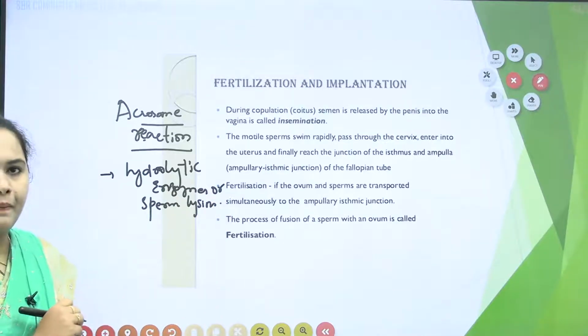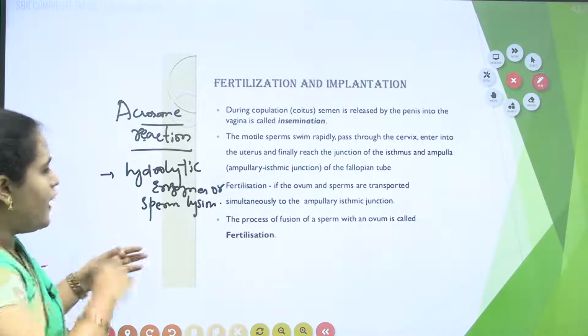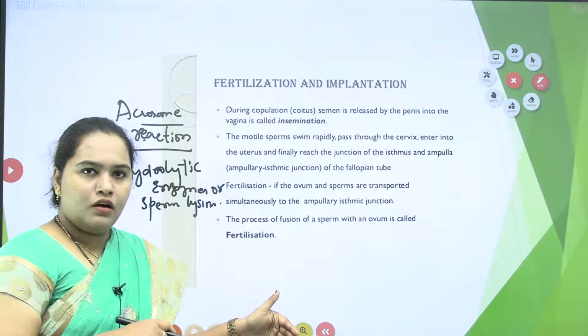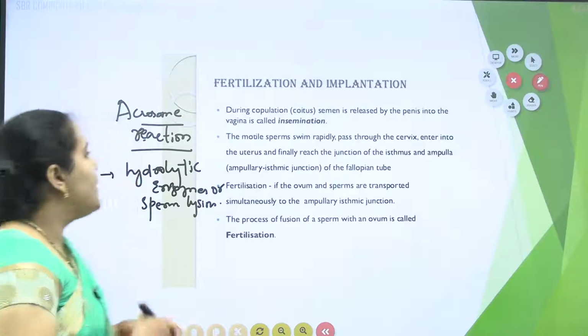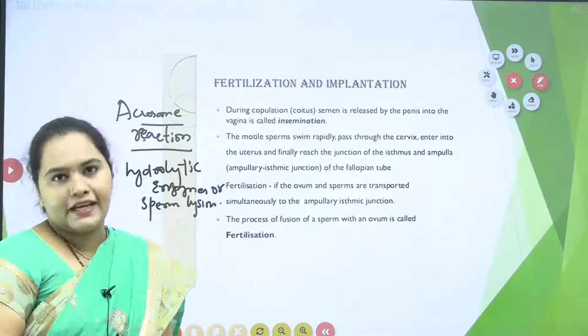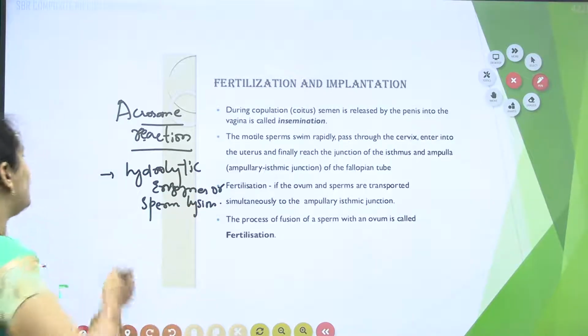Once the ovum and the sperm meet in the fallopian tube, the acrosome will get activated.